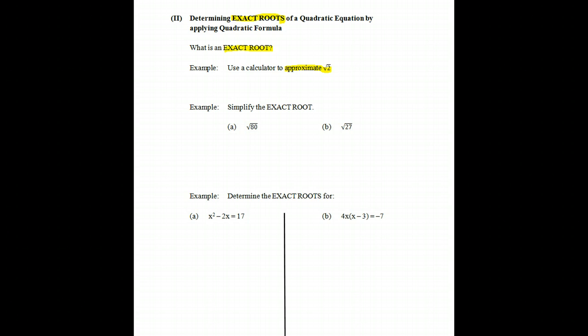In other words, you have 80. What's the biggest square root that goes in to multiply to give you 80? And remember, your perfect squares are 4, 9, 16, 25, 36, and they continue on. So 2 squared, 3 squared, 4 squared, 5 squared, 6 squared, 49, 64, 81, and 100, and they can keep going.